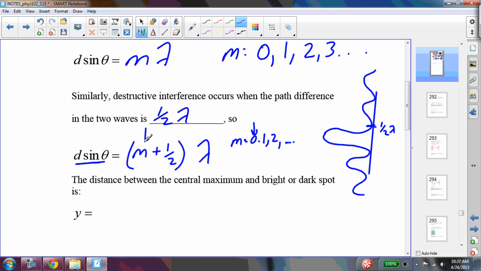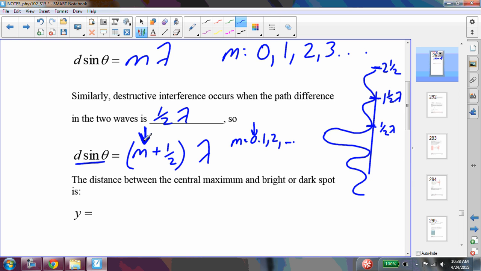So I plug in a 0 here, and my path length difference would be 0 plus 1/2 a wavelength. This would be the part where it's 1.5 wavelengths. So I'd plug in a 1 here for m, and it's going to be 1.5 wavelengths as my path length difference. Out here is going to be 2.5. That would be where this number would be 2 plus 1/2 times lambda. That gives the requirement for the path length difference to give me destructive interference.